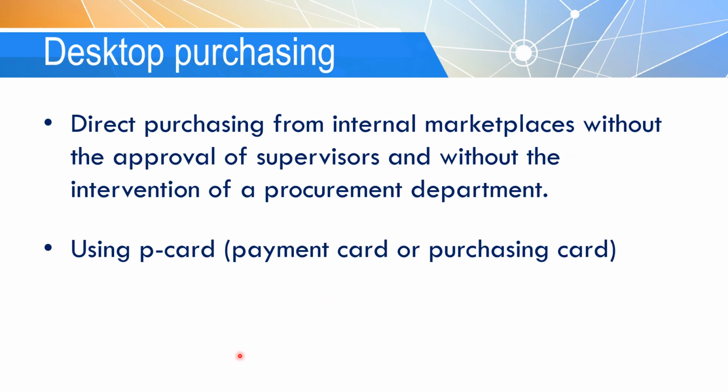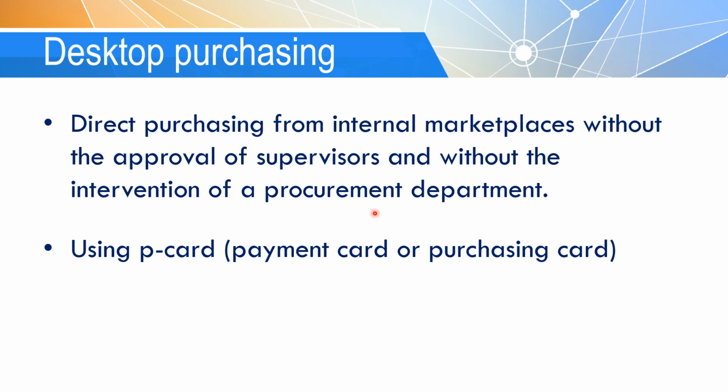And then desktop purchasing: direct purchasing from internal marketplaces without the approval of supervisors and without the intervention of a procurement department. Desktop purchasing usually means, in government, items costing less than 10,000. For example, in the office, if toner for the printer is needed, I don't need to go through the procurement department.